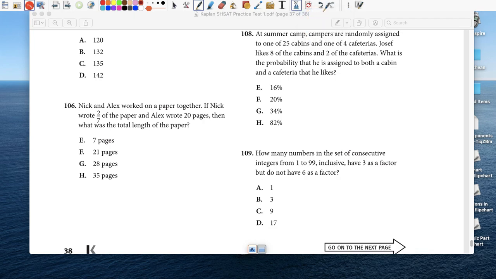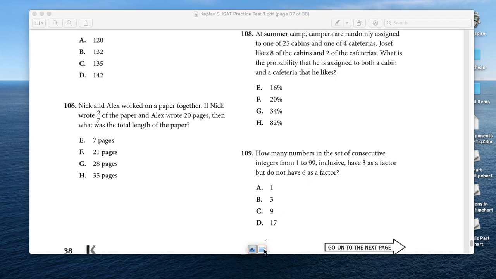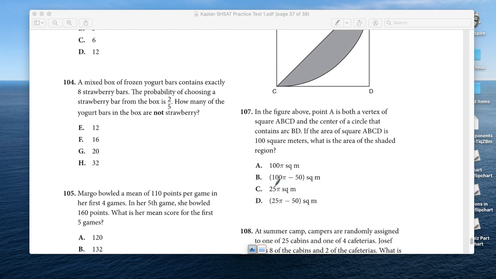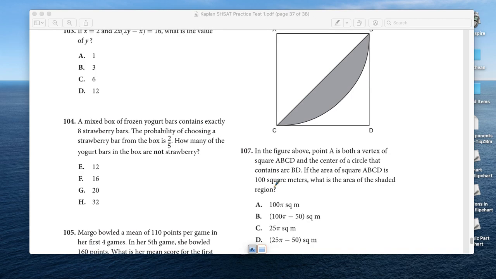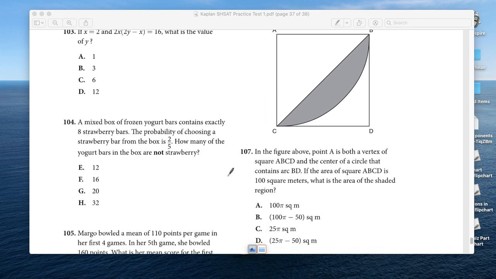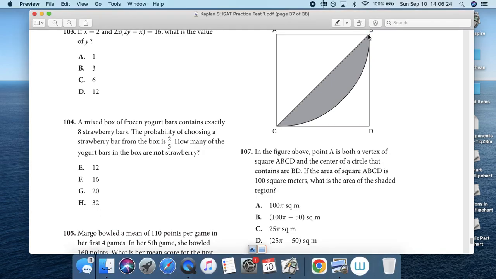107. In the figure above, A is the vertex of square ABCD and the center of a circle. So we have a circle, right? You can see the circle.